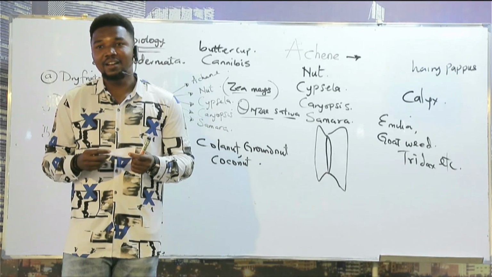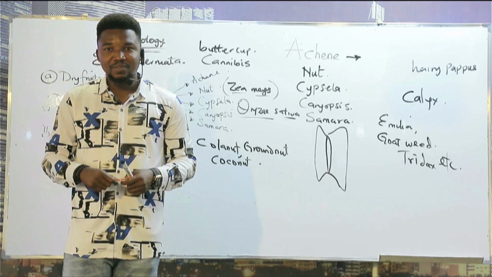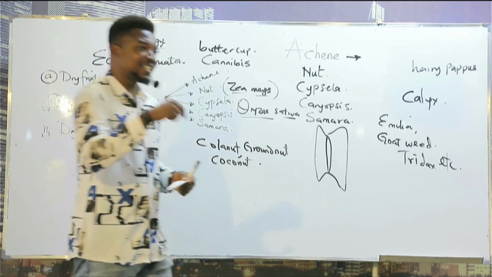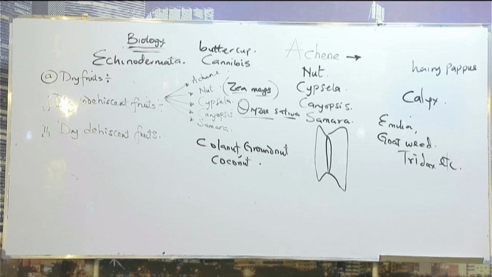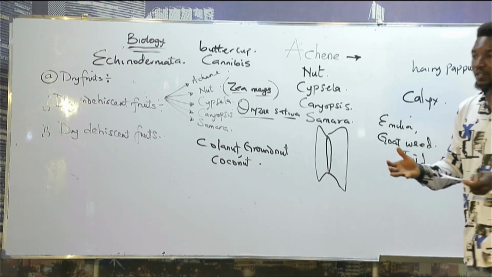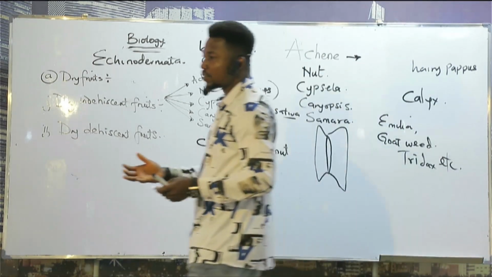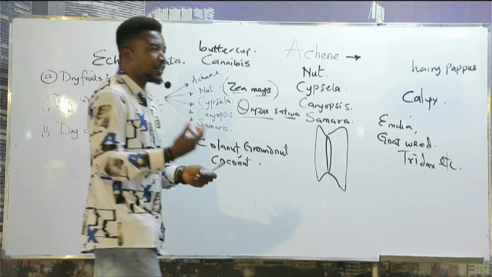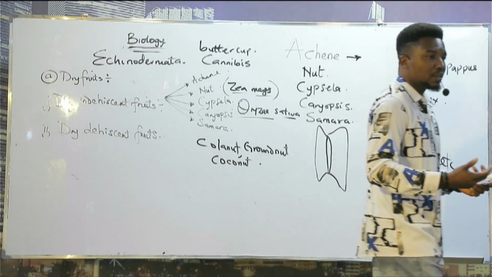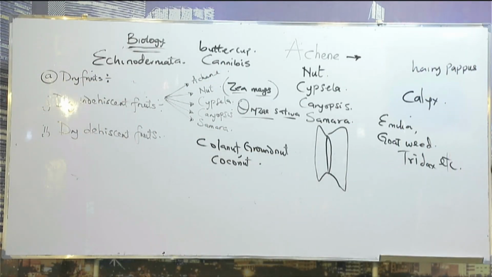Please, goatweed. The goatweed, the seed is a fruit too. That you are not eating the seed and the fruit doesn't mean that it's not a fruit. So biologically, a fruit protects and houses the seed. It gives the seed favorable conditions before it germinates. That is the work of the fruit.